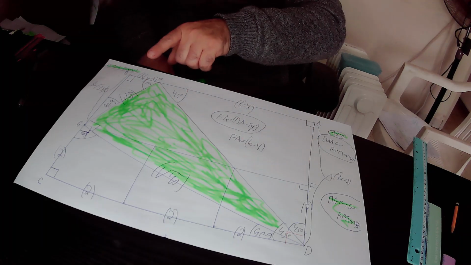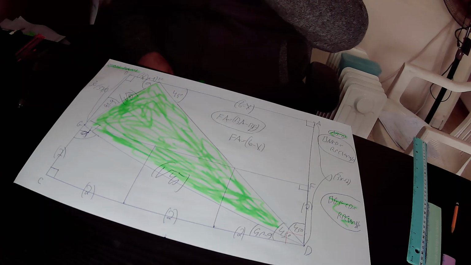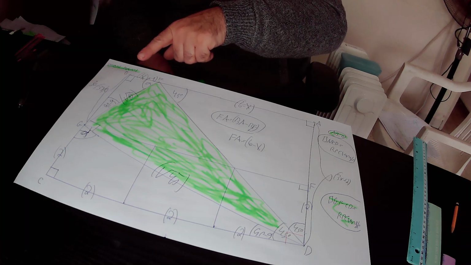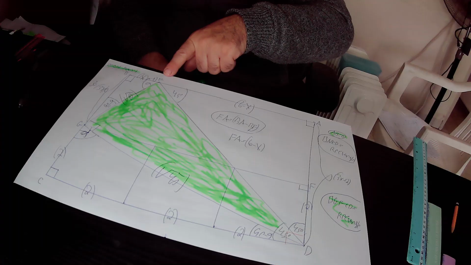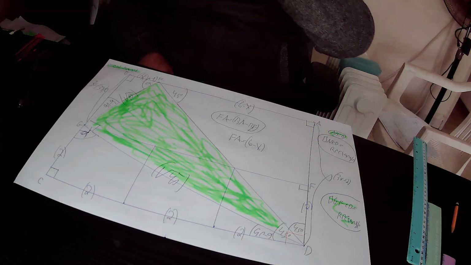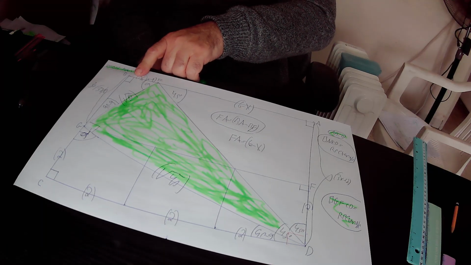Again, we draw a perpendicular at this side in such a way that the perpendicular will pass through the vertex F of the green triangle FGD. So this angle equals 90 degrees according to our construction.